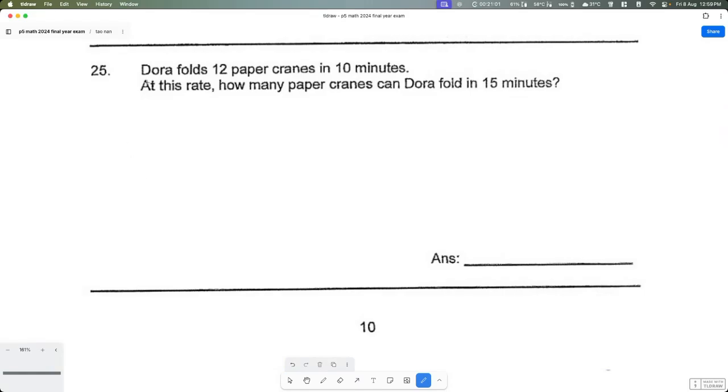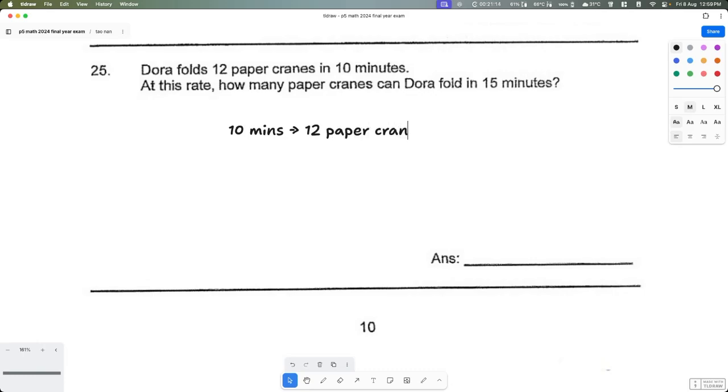Question 25. Dora folds 12 paper cranes in 10 minutes. At this rate, how many paper cranes can Dora fold in 15 minutes? So 10 minutes is equal to 12 paper cranes. Let's do 5 minutes. You might be thinking, why 5 minutes? We divide this by 2, and this will be 6 paper cranes.